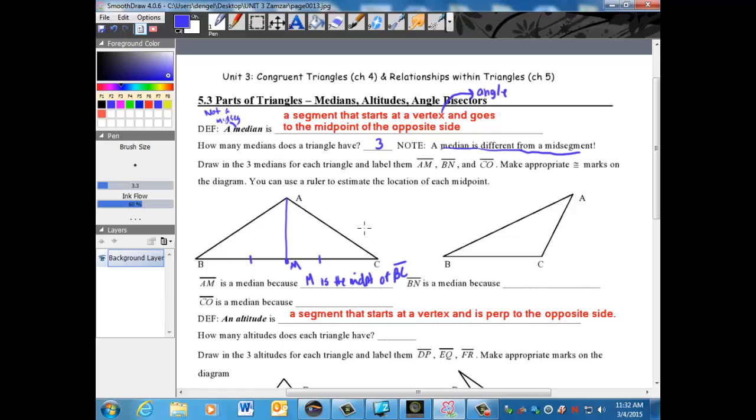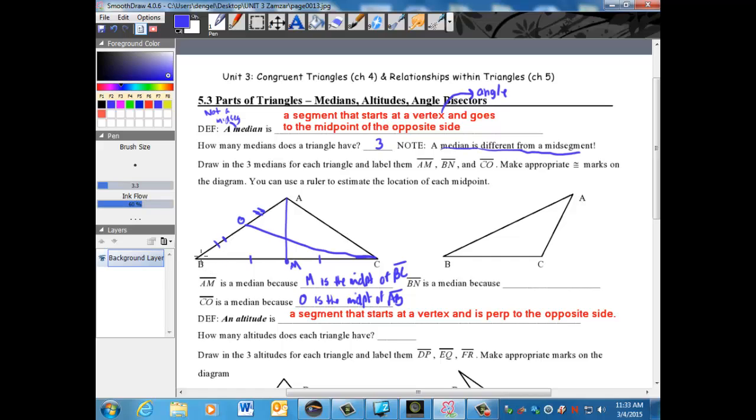So we just drew in our first one. Let's go from angle C next to the other side. And it's going to be hard to draw a straight line, but we'll do our best. Yikes, that's not too good, is it? So these two sides are now the same. And let's call this point O. So I can say that CO is the median because O is the midpoint of AB.